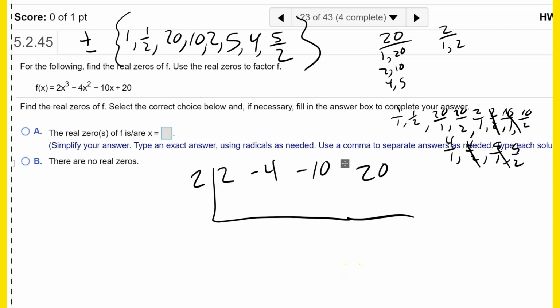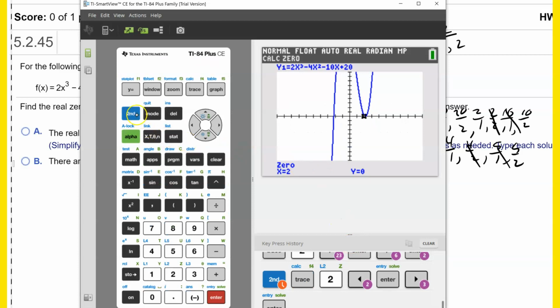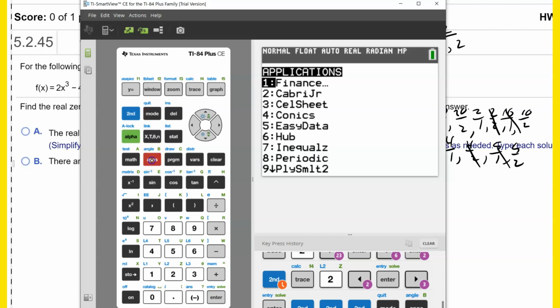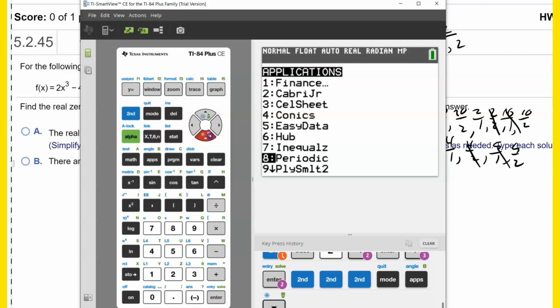Let me see. There's also another way. If you go to apps, here's the apps button. Go to apps and go to polysimult 2. Polynomial simultaneous 2 is what it's short for. It's PLYSMLT2.